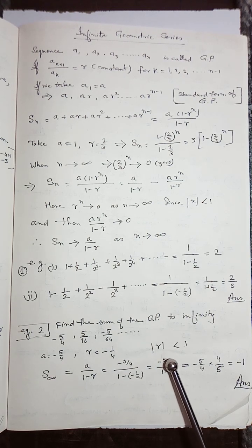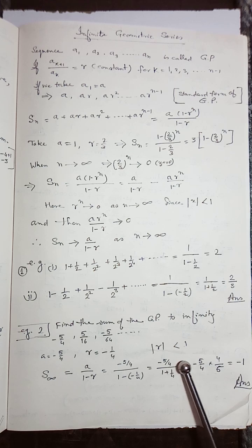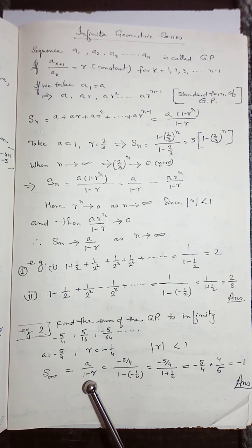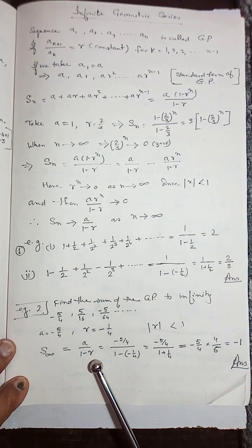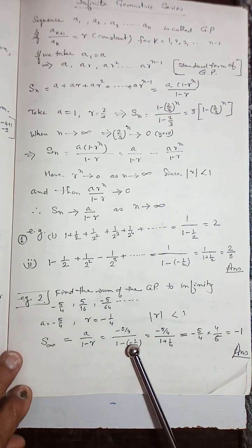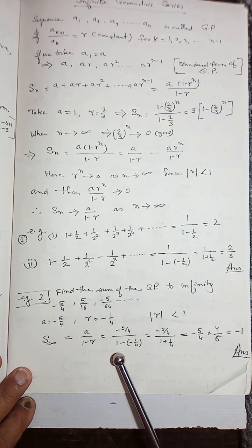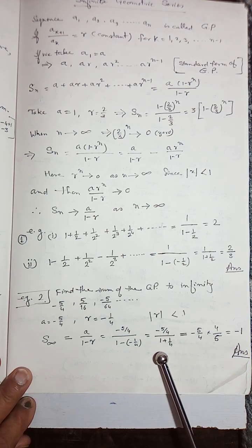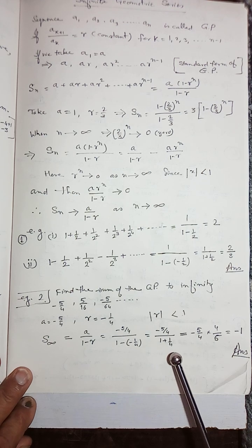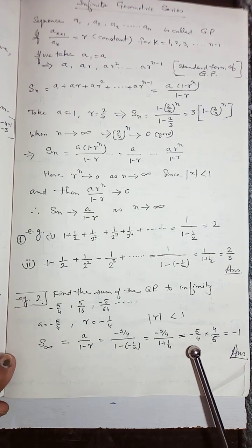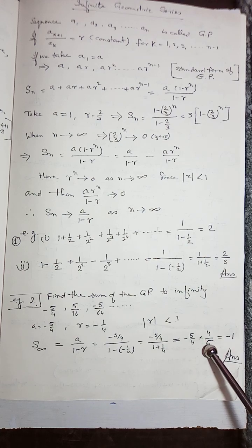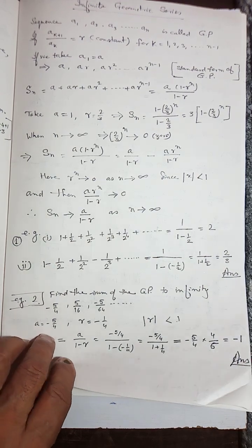So absolute value or modulus of r that is less than 1, therefore the summation up to infinity will be equal to a upon 1 minus r, that will be equal to minus 5 by 4 upon 1 minus (minus 1 by 4). It will become minus 5 by 4. डिनोमिनेटर में हो जाएगा 1 plus 1 by 4. सॉल्व किया इसको, that will become minus 5 by 4 into 4 by 5. After solving we will get minus 1.